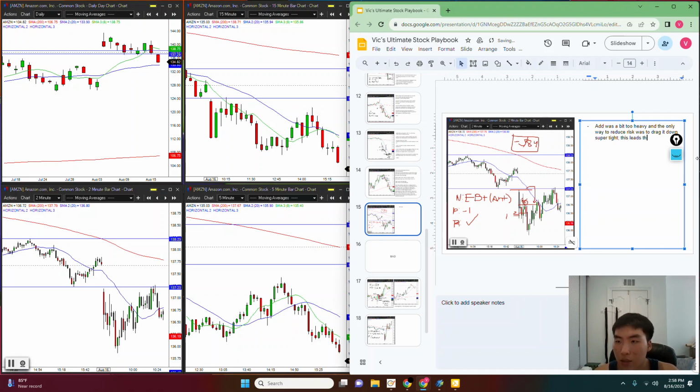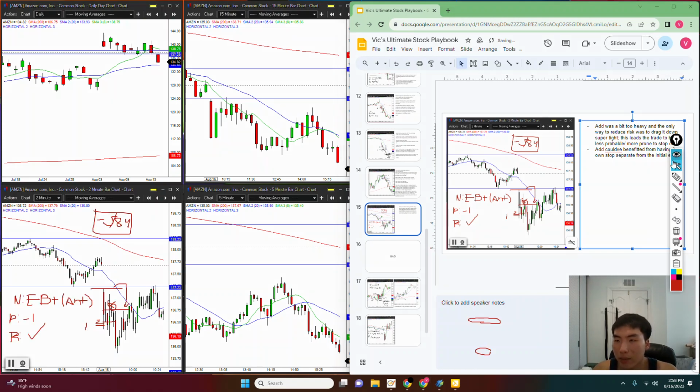This leads the trade to be less probable, more prone to stop out. Add could have benefited from having its own stop separate from that initial entry.